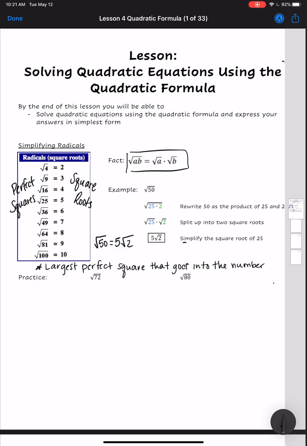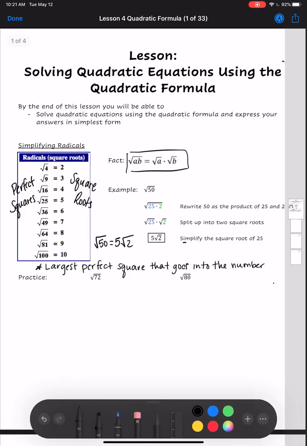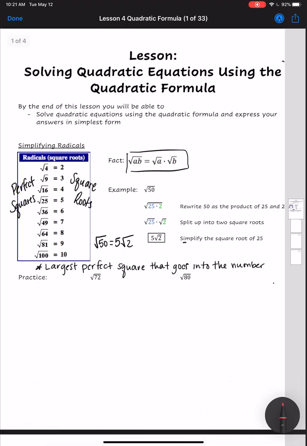Okay, so if we're looking at radical 72 and we're looking at our square roots and our perfect squares, obviously a larger number is not going to be able to go into 72. So we want to find where 72 is. So 72 is between 64 and 81.